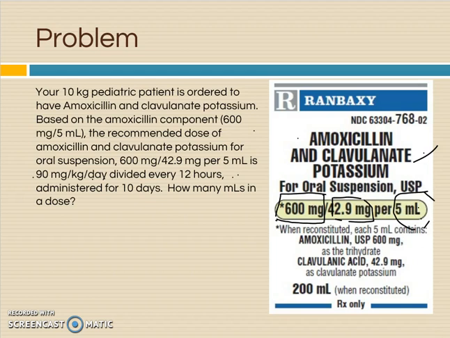The recommended dose of this drug is based on the amoxicillin portion. 600 milligrams is 90 milligrams per kilogram per day, and that's given in divided doses every 12 hours, administered for 10 days. How many mils is in a dose? So the first thing you know is that you're looking for mils.